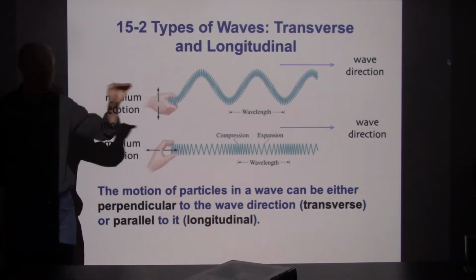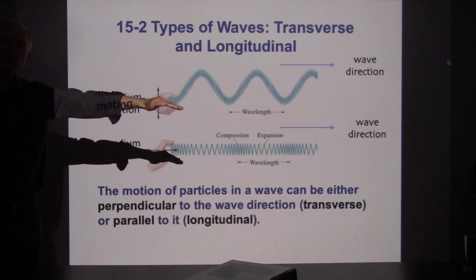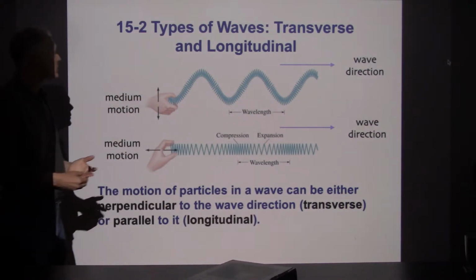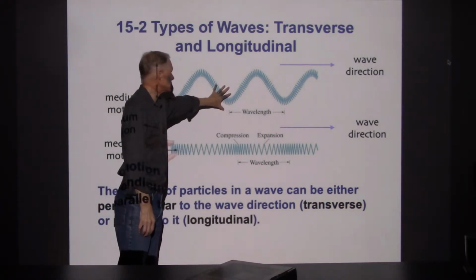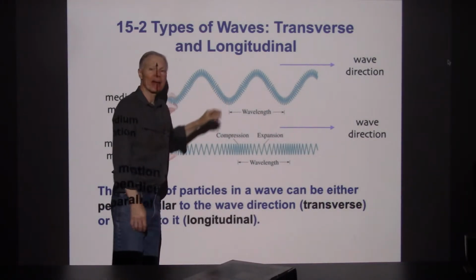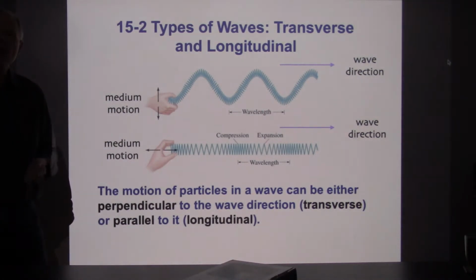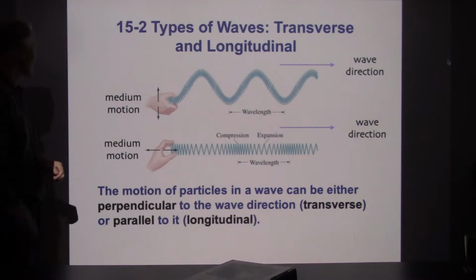Now, the speed at which the wave propagates, the disturbance propagates, will depend on the tension within the slinky and how heavy it is. Specifically what the density is, how much mass per length the slinky has.